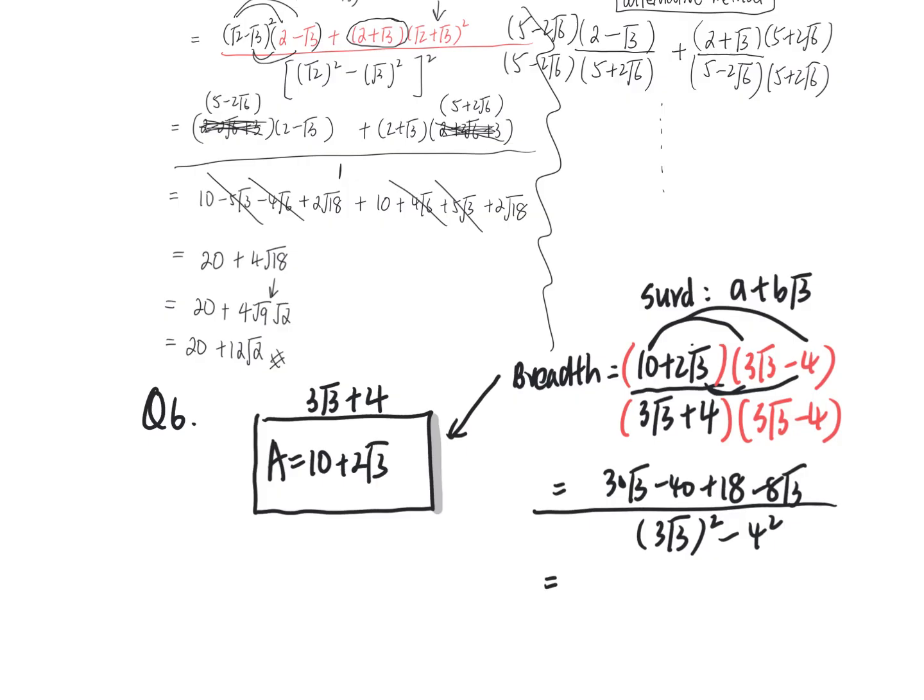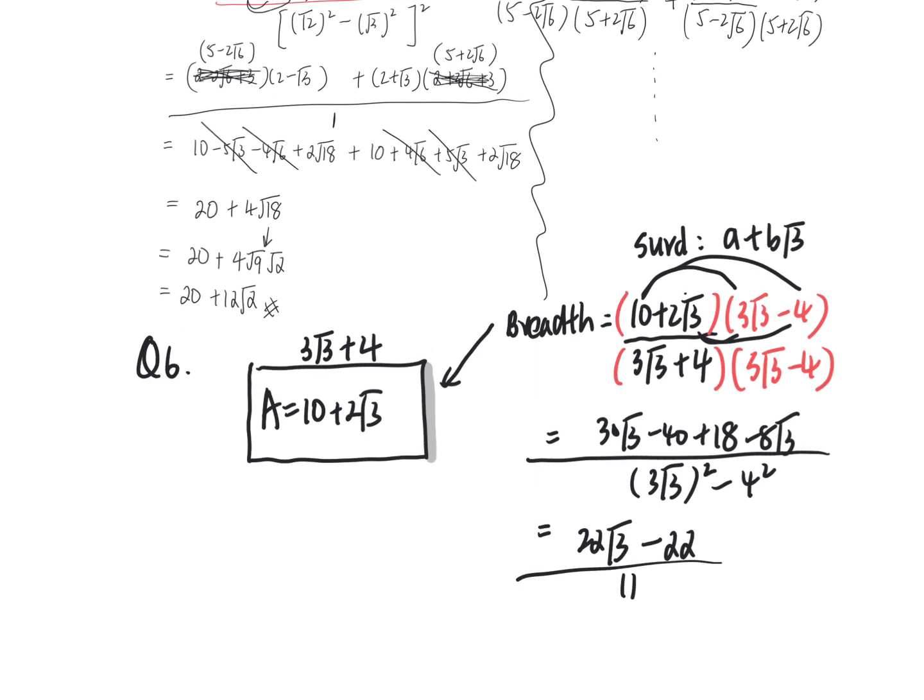So eventually you will end off with 22 root 3 minus 22 over 27 minus 16, 11. Okay? So if you divide by 11 throughout, you'll be left with 2 root 3 minus 2. So this is your breadth.